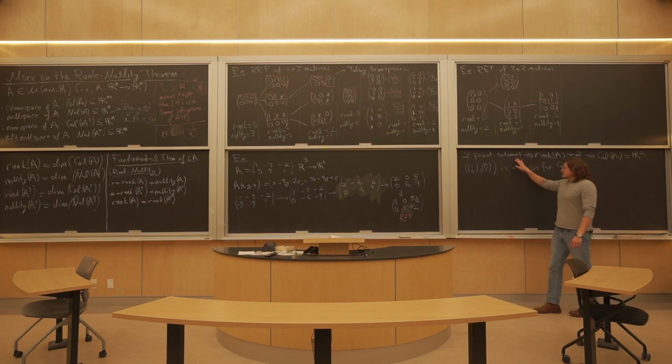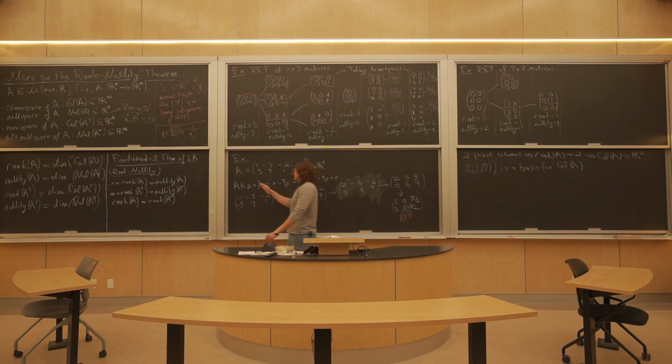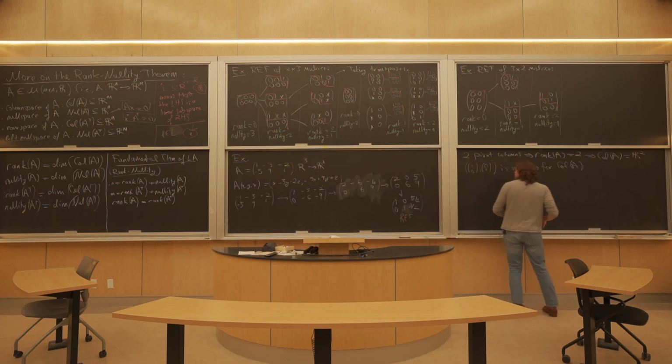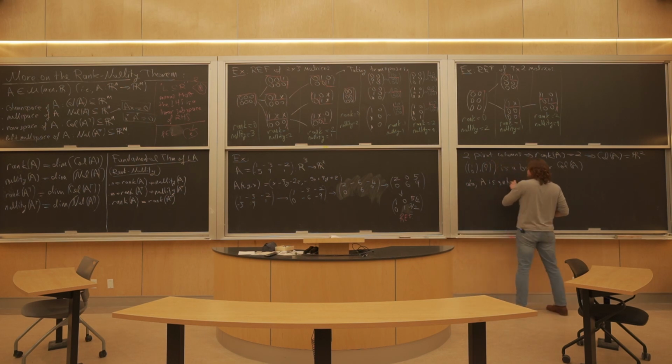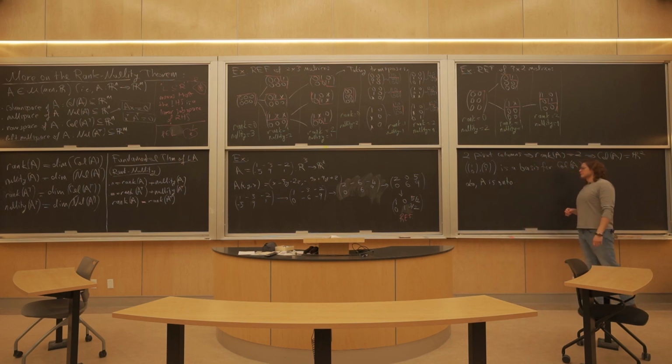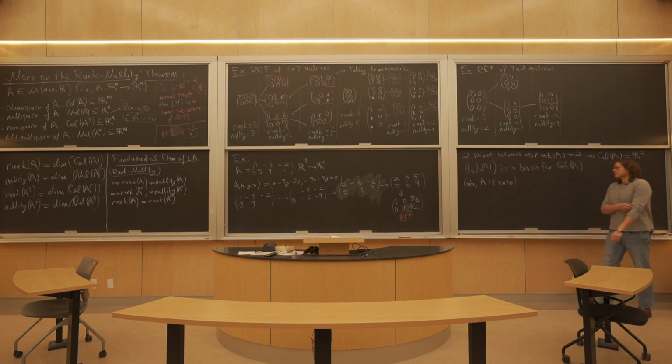Now, another way of saying the same thing is to say that this transformation is onto, AKA A is onto. Okay? Any questions about this so far?